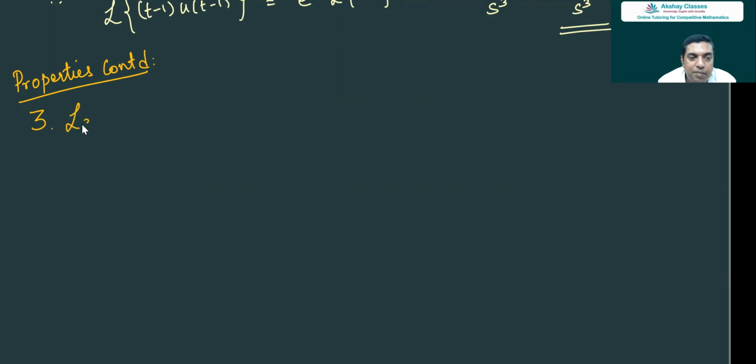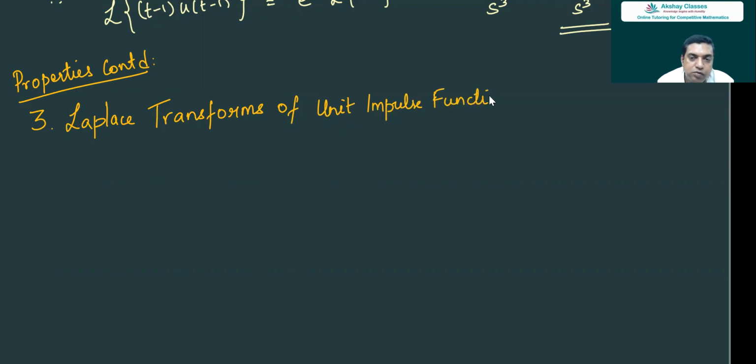Now this is Laplace transform of Dirac delta functions, or this is better called as the unit impulse function. Or this is called as the Dirac delta function.